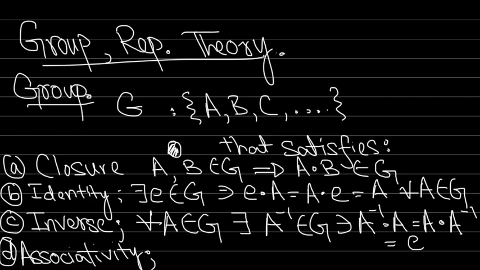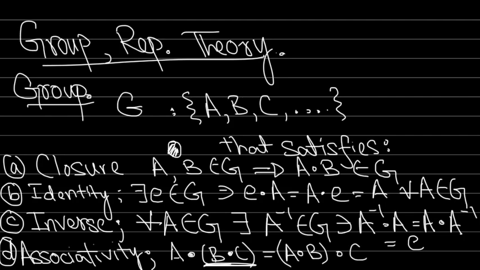Now, say you were to have some A composition with brackets, B composition C. If you take this composition first and then compose that with A, it is the same as if you were to do A composition B, composition C, right? And these are the features of a group. If you have a set that satisfies all of these properties, that's when you call that set a group.